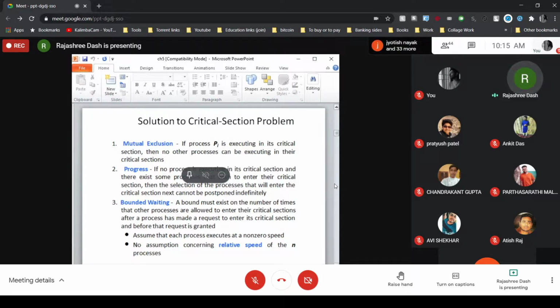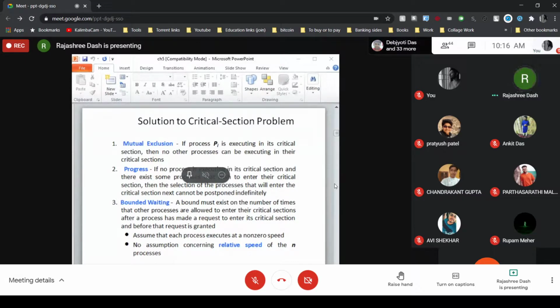Now coming to the next requirement, that is progress. If no process is executing in its critical section and there exist some processes that wish to enter the critical section, then the selection of the process that will enter the critical section next cannot be postponed indefinitely. Suppose one process has completed the critical section, there is no other process in the critical section currently, and some other processes are waiting to enter.